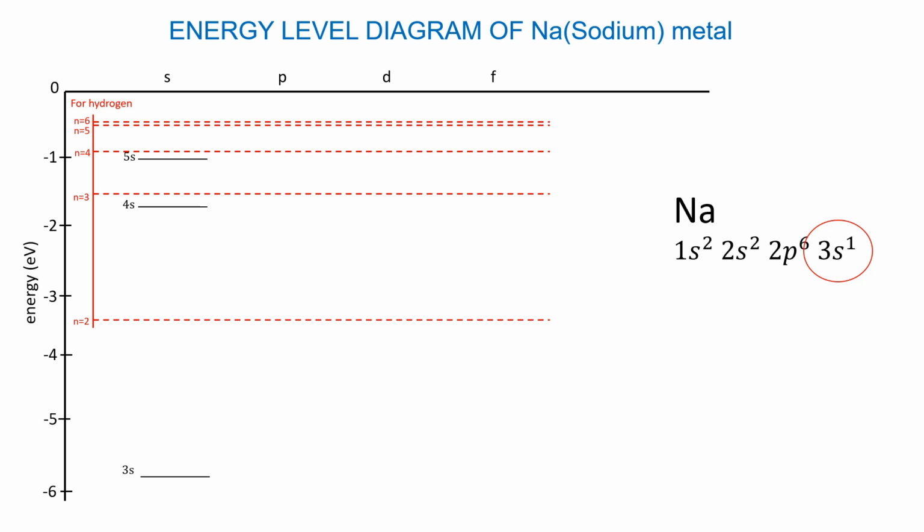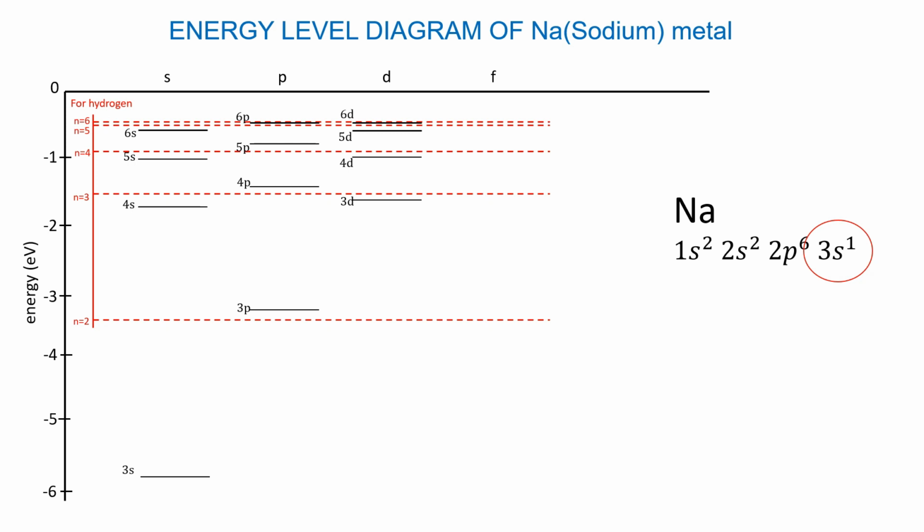The p orbitals lie above the energy levels of hydrogen, that is, 3p lies above n equals 2, 4p lies above n equals 3, 5p lies above n equals 4, and 6p above n equals 5. The d orbitals lie below, that means 3d lies below n equals 3, 4d below n equals 4, 5d below n equals 5, and 6d below n equals 6.